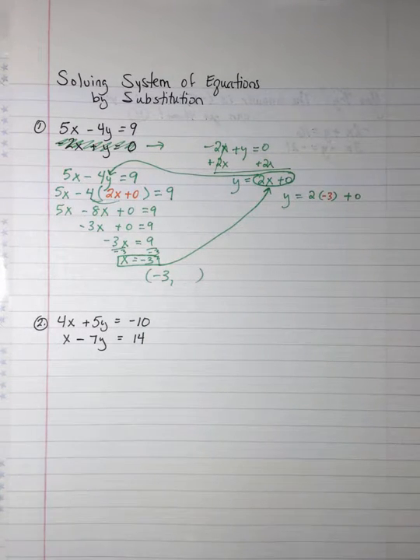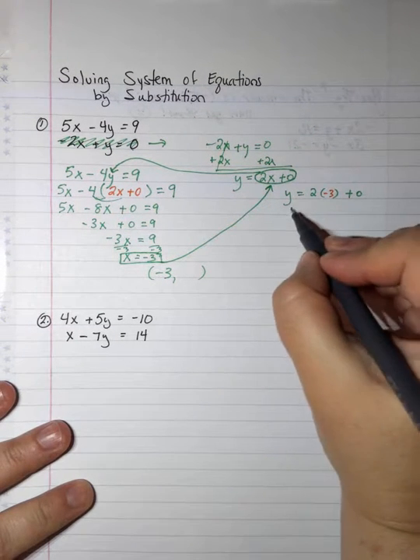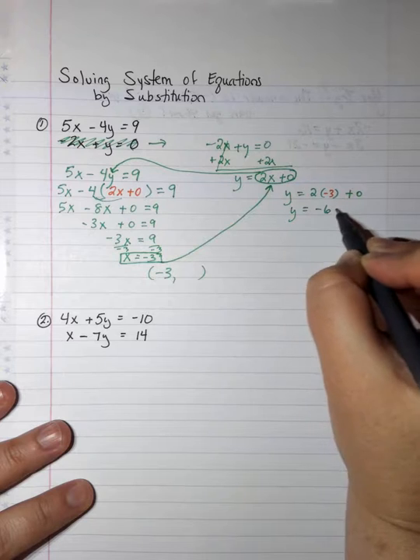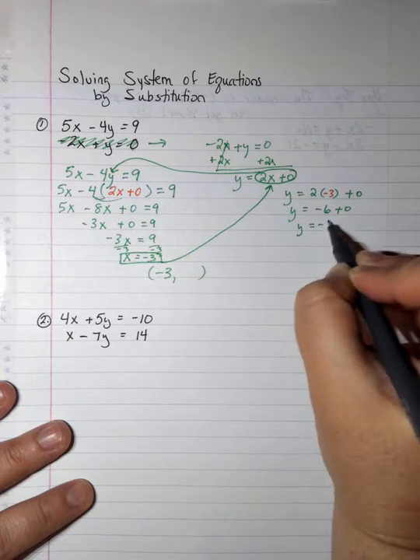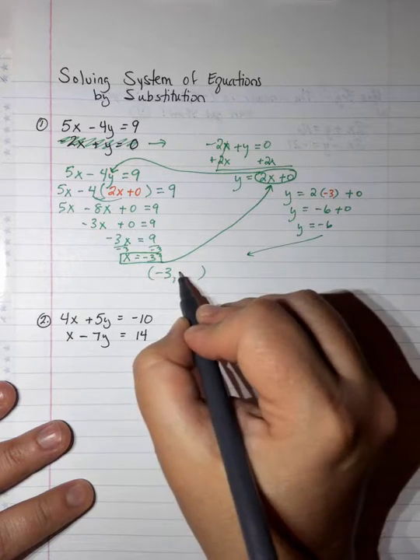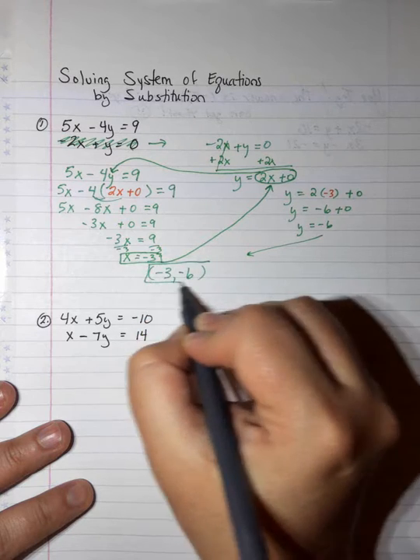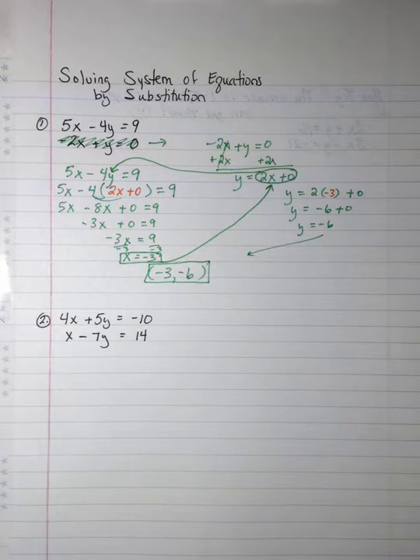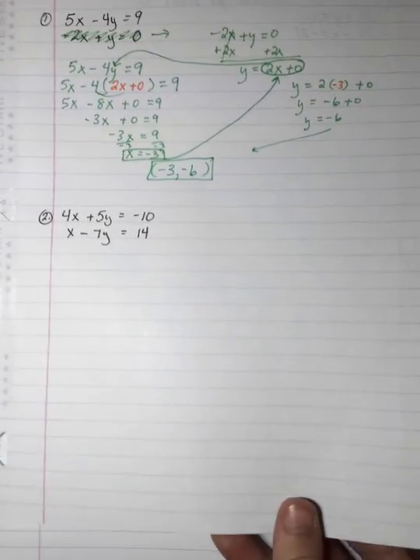And then you're going to solve. y equals negative 6 plus 0, so y equals negative 6, which means your answer is the ordered pair negative 3, negative 6.